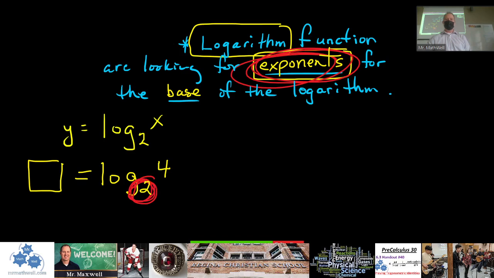So what exponent do I put this base to get this number? Or 2 to the power of what equals 4? Yeah, I'm looking for a 2 there. So log of 4 base 2 is 2.